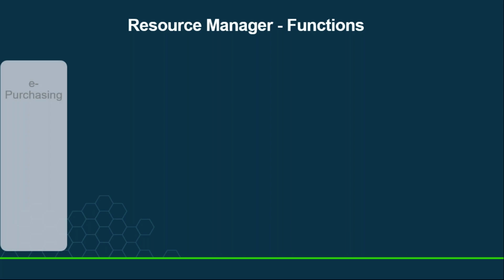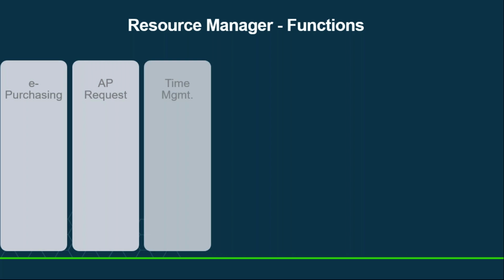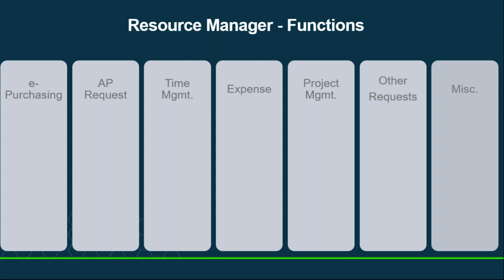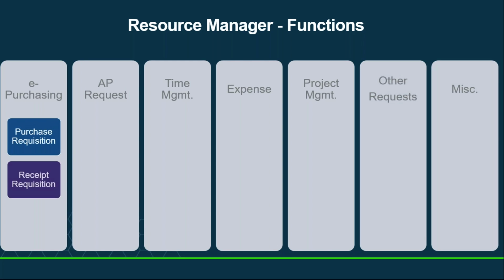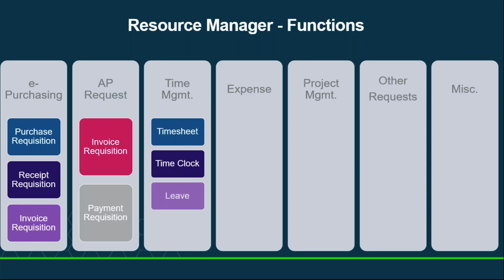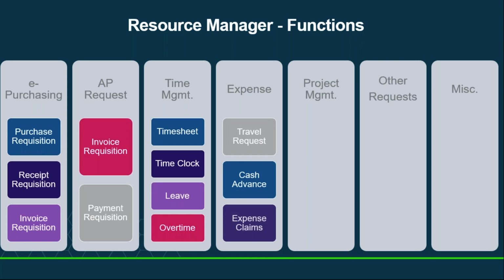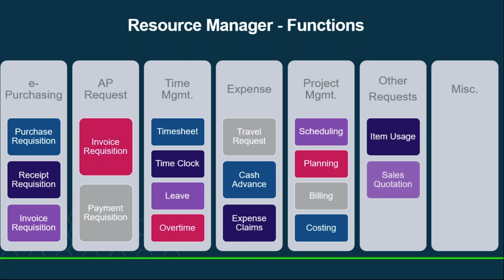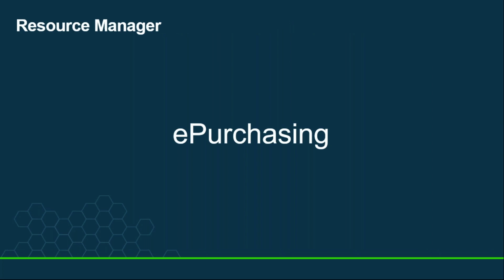So as we touched on before, Resource Manager is a very comprehensive application module with multiple types of transactions. We're going to be focusing on the e-purchasing today and possibly the AP request. We've just reviewed time management. Last week we did the expense reports, but there's also project management and other types of requisitions that we can support in the system.